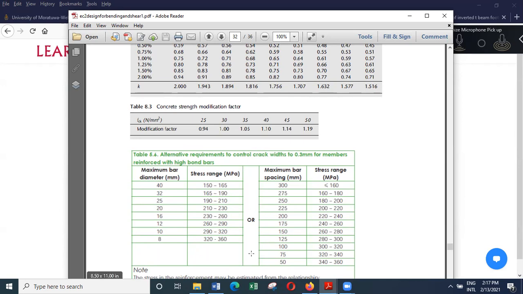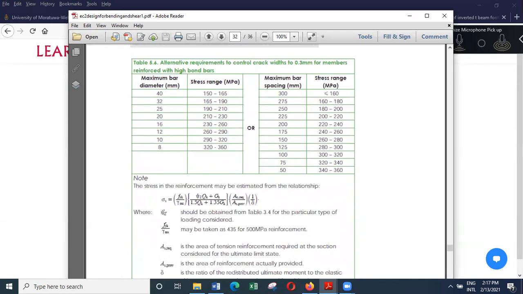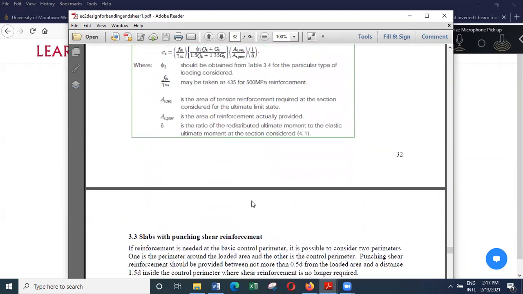So today we'll use this particular equation, and to find the stress induced by the permanent loads, we consider these load factors. So here we say 0.3 times QK plus GK divided by 1.5 QK plus 1.35 GK. So we'll be making use of this particular equation today.